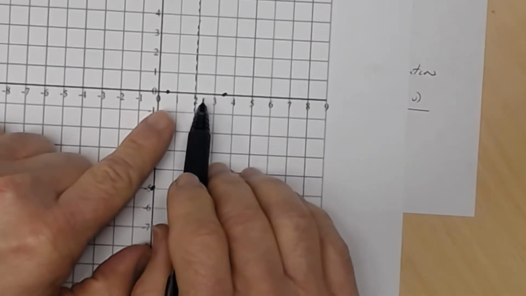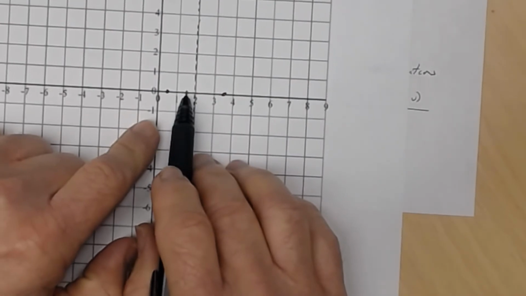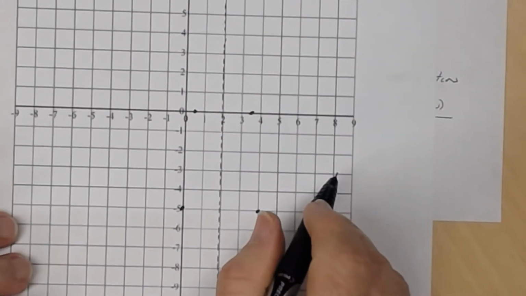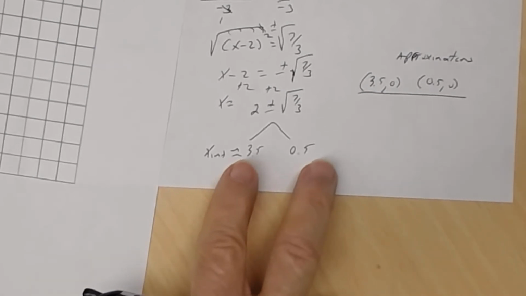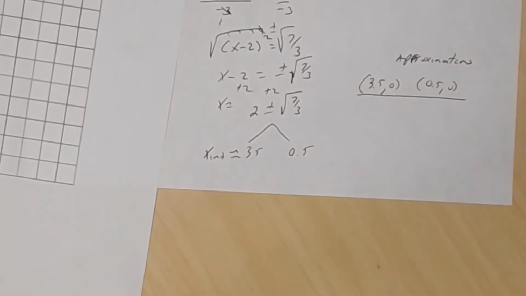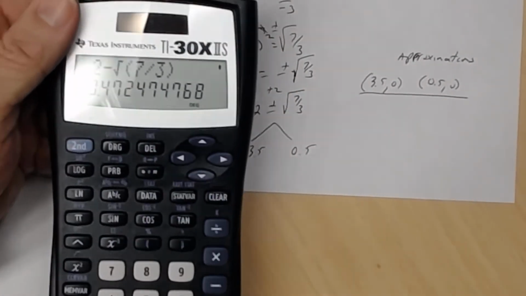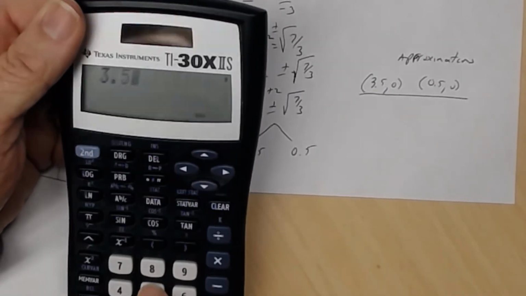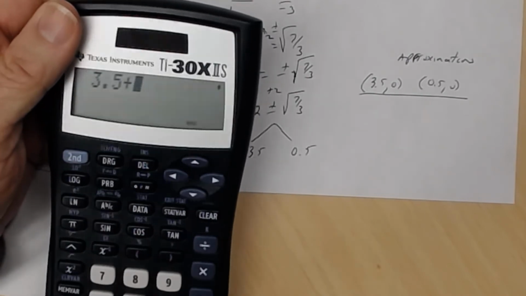So does it look like this distance is the same as that distance? Yeah, it does. And I want you to notice something. If I were to add these two together, 3.5 plus 0.5, I add them together, and obviously we all know that's 4, but let's just go ahead and do it on a calculator.